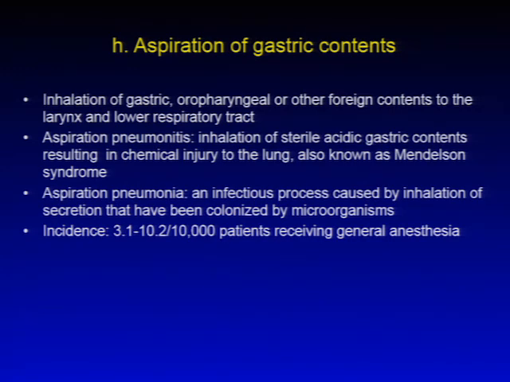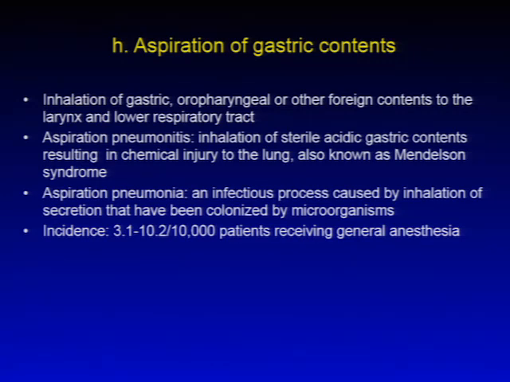Part H is about aspiration of gastric contents. Inhalation of gastric, oropharyngeal, or other foreign contents into the larynx or lower respiratory tract causes problems. Aspiration pneumonitis is inhalation of sterile acidic gastric contents, resulting in chemical injury to the lungs, also known as Mendelson syndrome.